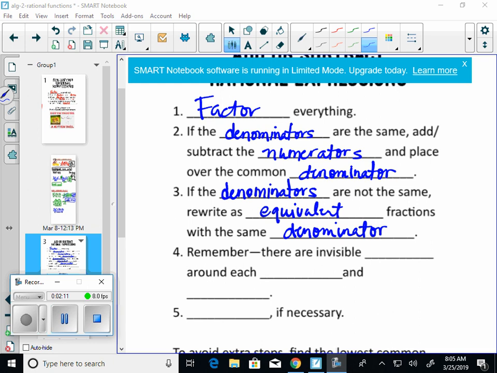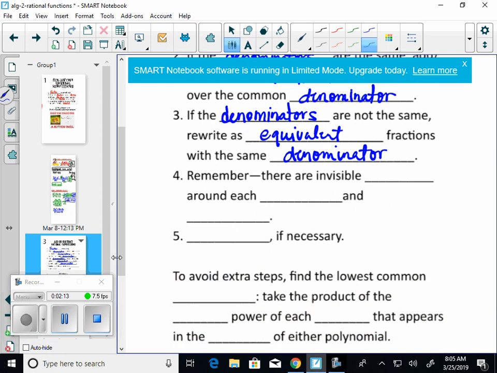All right, so one thing I want you to remember is that there are invisible parentheses around each numerator and denominator. I'll show you what that means in just a minute. So there'll be invisible parentheses around each of those things.